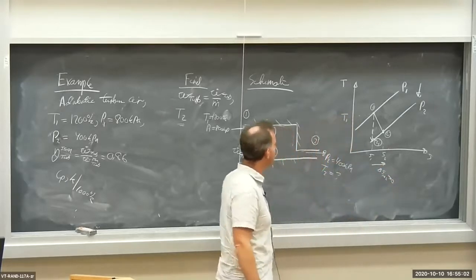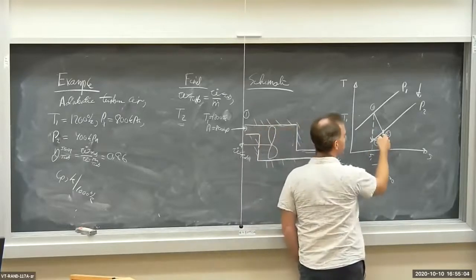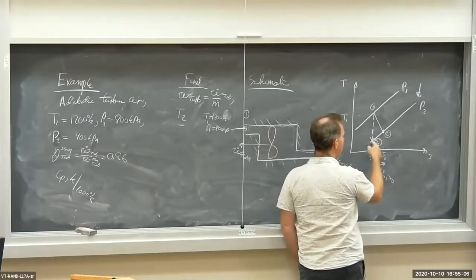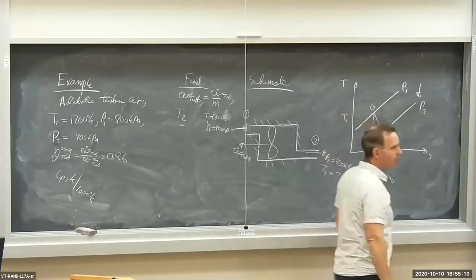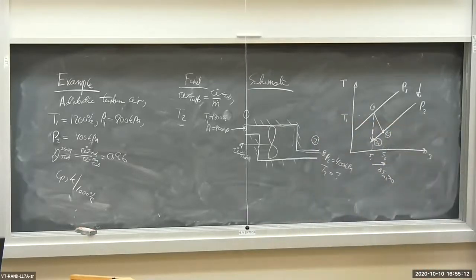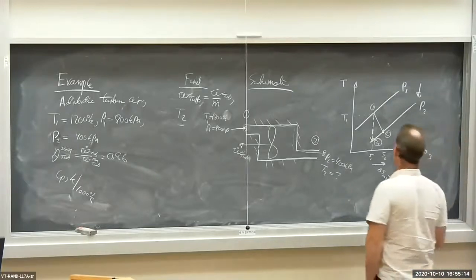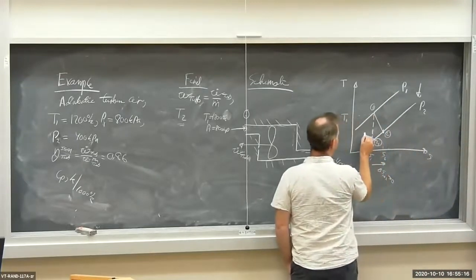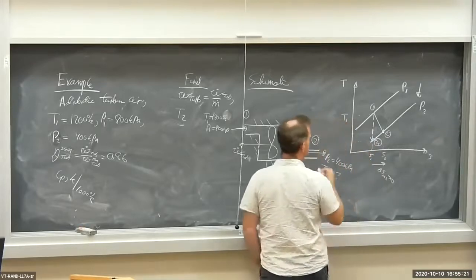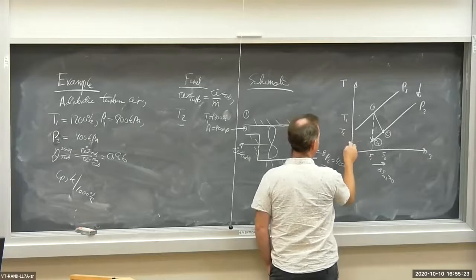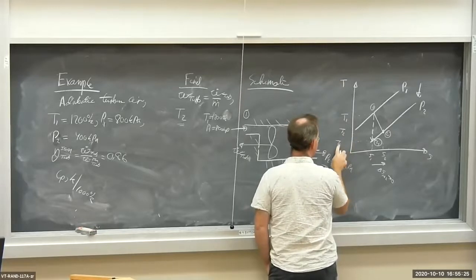So the real device goes from 1 to 2 with an increase in entropy. The reversible device, which produces the maximum possible work, moves vertically downwards. Now notice that the real device has a hotter exit temperature than the reversible device. So this is T2 and this is T2 sub S.